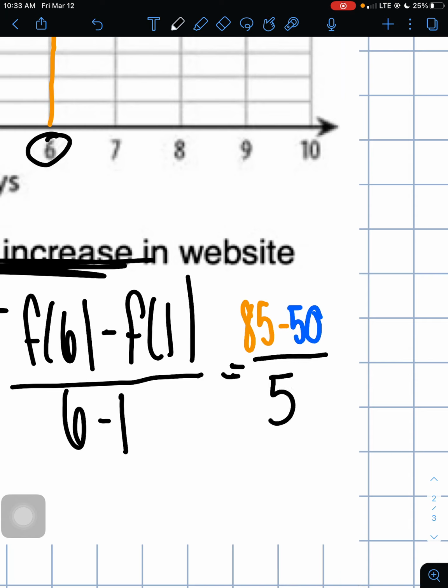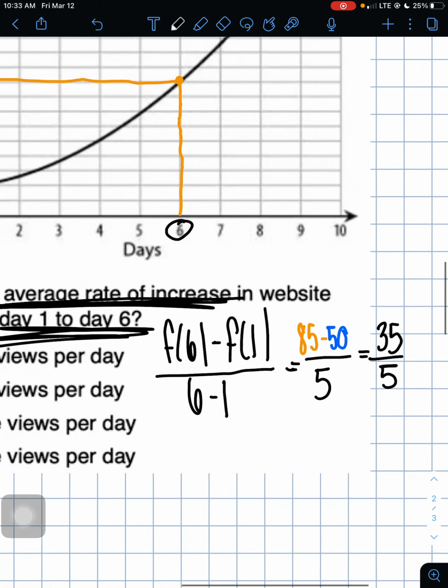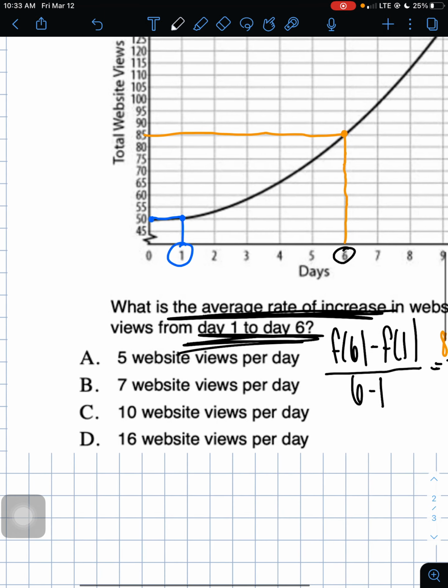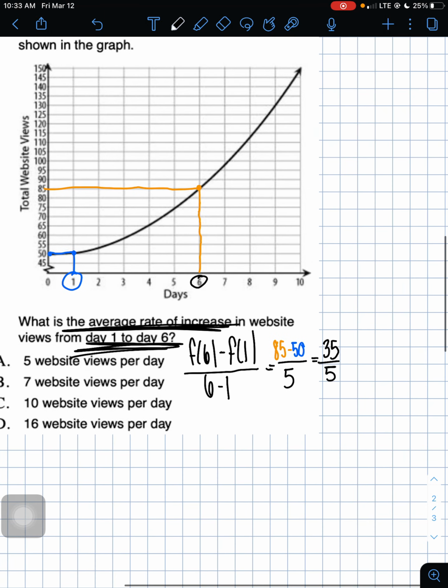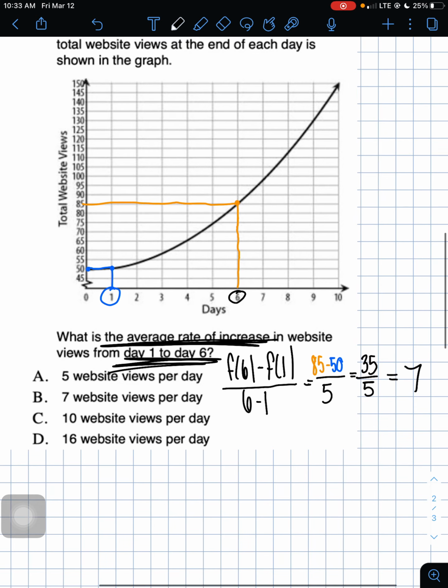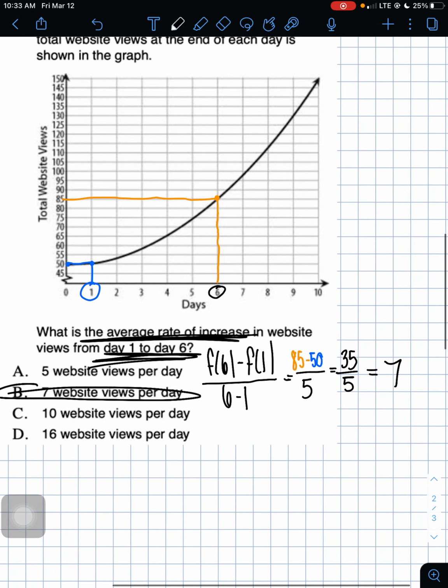So we have 35 at the top, that's what 85 minus 50 is, divided by 5. What is 35 divided by 5? 7. So which answer choice should we choose? B, exactly. Answer choice B. Because we see that they were having an average rate of change of 7 website views per day.